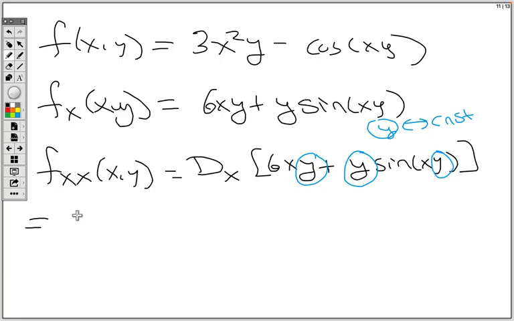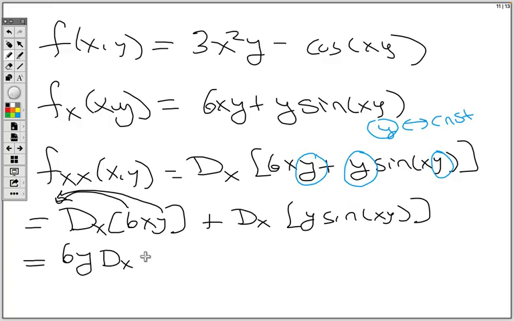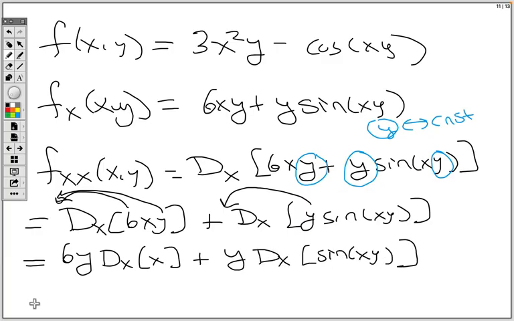So I go through and take the derivative. Once again, I can use my sum and difference rule. I'm taking the derivative with respect to x, so the 6 and the y get treated as constants. Derivative of x with respect to x is 1.